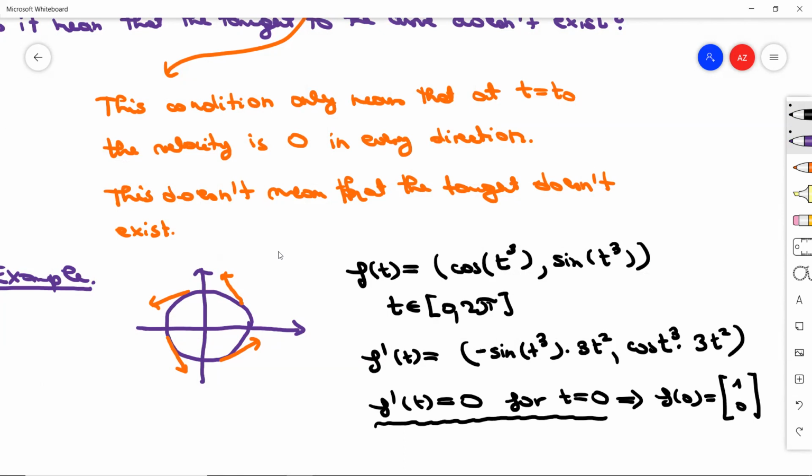So it means that if we travel along the circle with respect to this parameterization, then in this point 1, 0, we will stop for a moment. So the speed of travel in every direction will be 0.